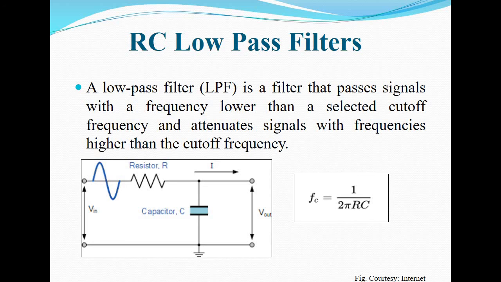Here the cutoff frequency can be given as 1 divided by 2 pi RC, where R is the value of resistance and C is the value of capacitor. So this is the first type, low pass filter.